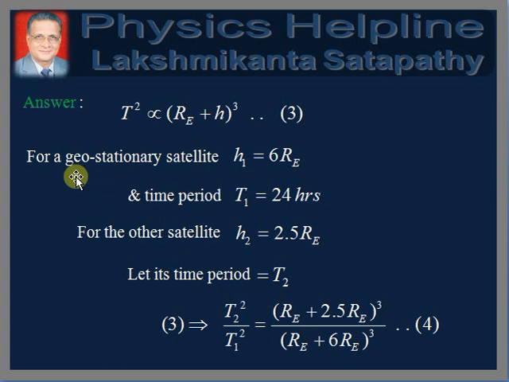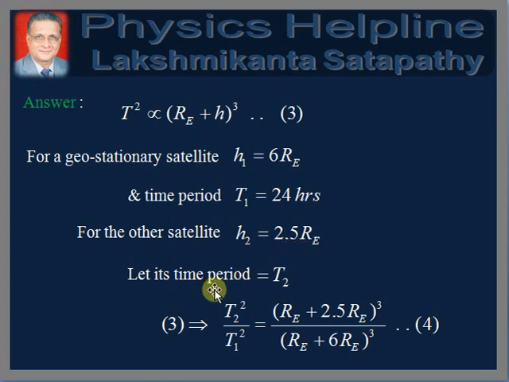Now, we know that for a geostationary satellite, h is equal to 6 RE, therefore we represent it as h1 is equal to 6 RE. And its time period T1 is equal to 24 hours. For the other satellite, h2 is given as 2.5 RE.